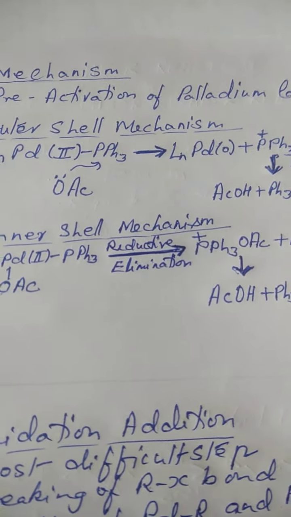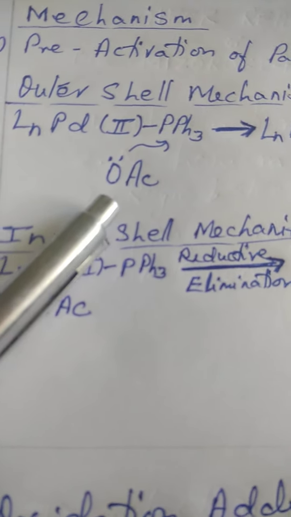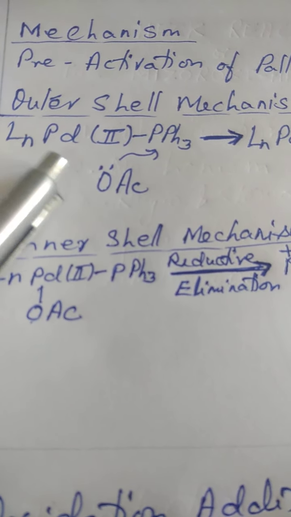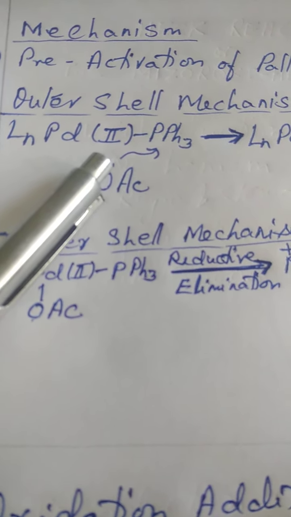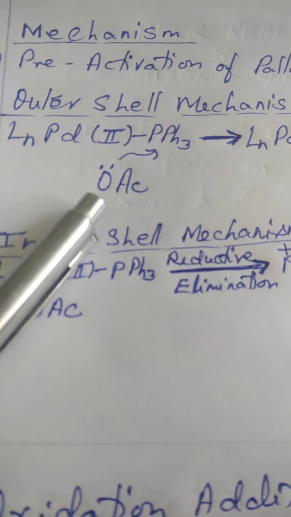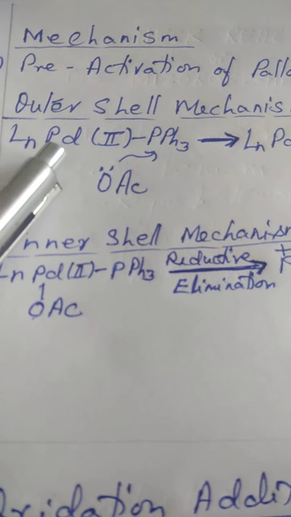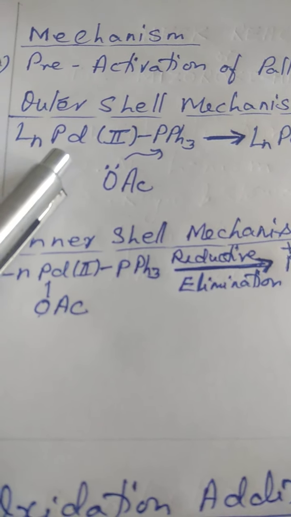The outer shell mechanism. As we can see, the ligand is attached to palladium-2 along with triphenyl phosphine. In the outer shell, this acetoxy group is not present along with palladium, so this is called the outer shell mechanism.